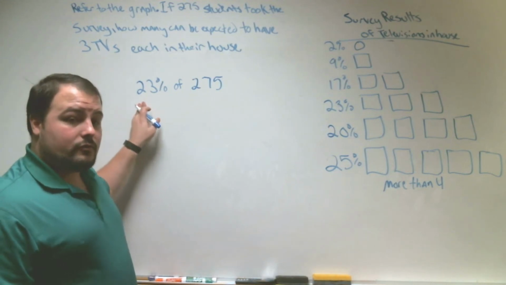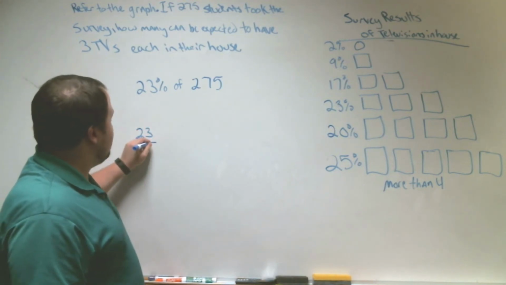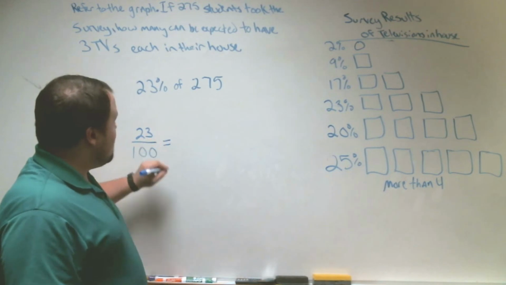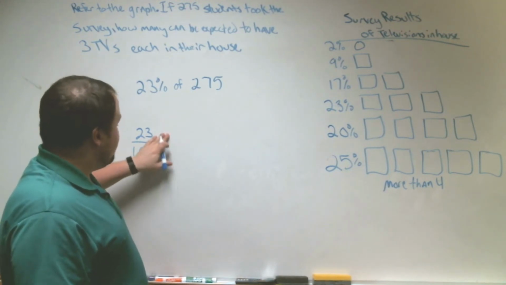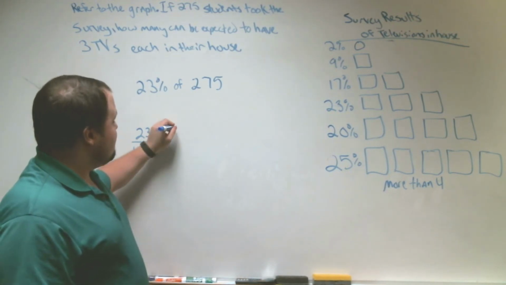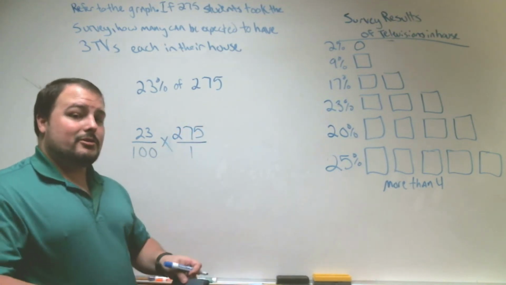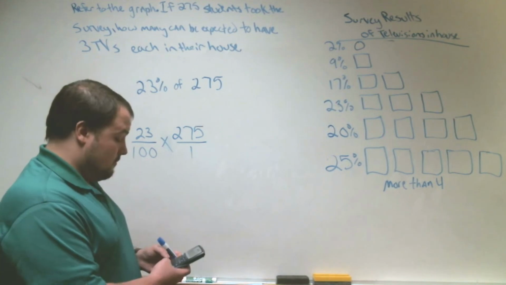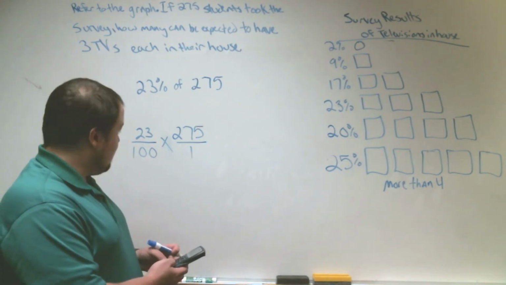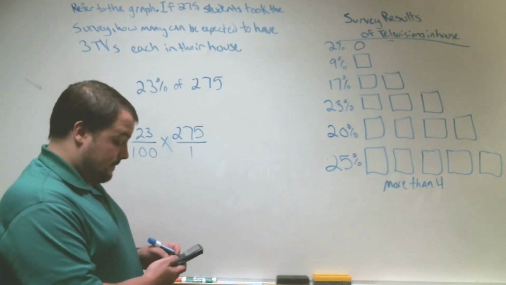Well, since it's 23%, I'm going to make it 23 out of 100 times 275 over 1. So I'm going to use the fraction method because I like that method. So I'm going to type in my calculator, 23 times 275.